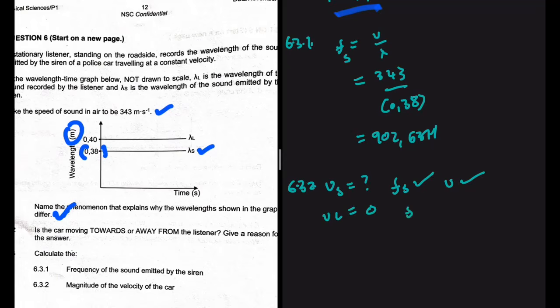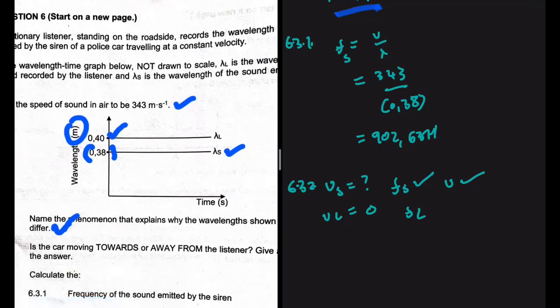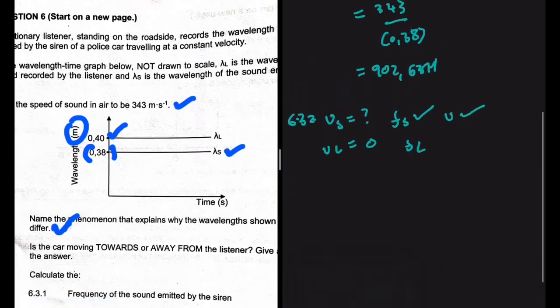And then what about the frequency observed by the listener? We can calculate that because we are given the wavelength, right? We can calculate the frequency as we move forward.